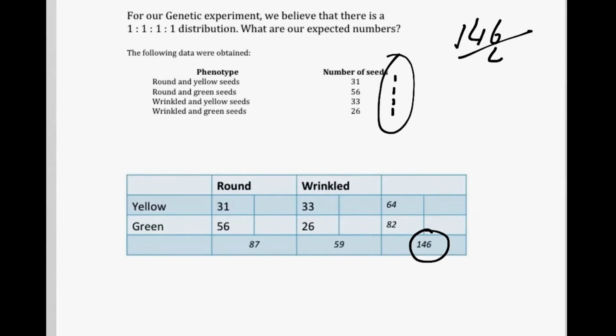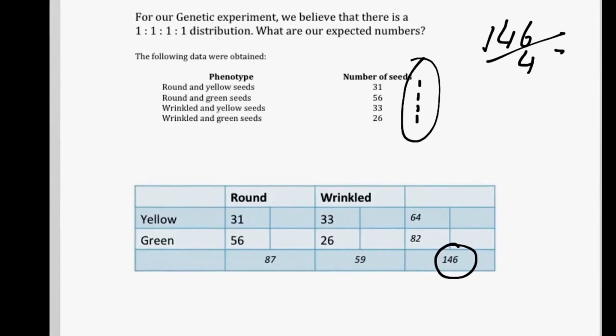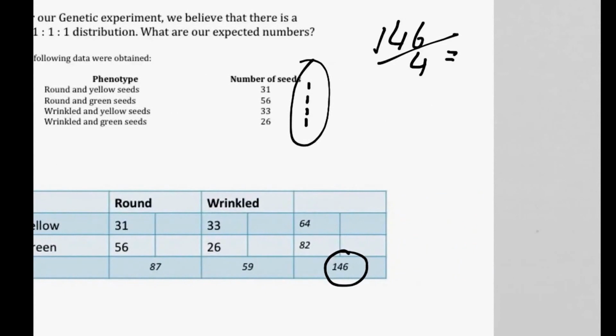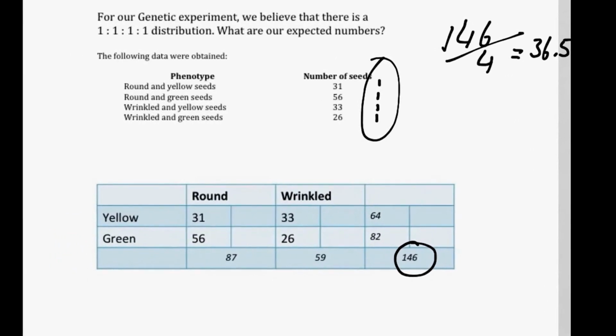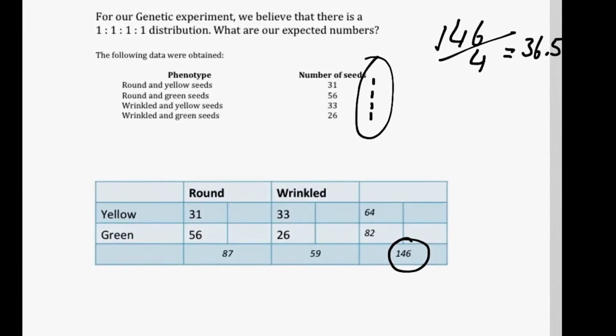So we can say 146 divided by 4, and that would give us roughly 36.5 that we expect. So for the round and yellow, our expectation would be 36.5. And likewise, we have 36.5 here.